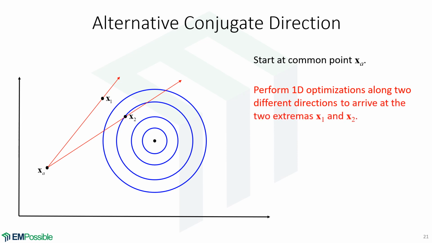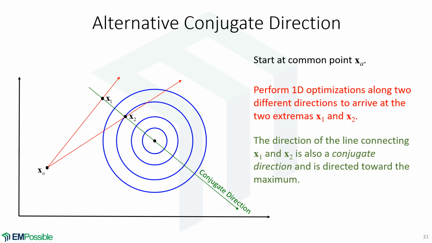We find the extrema along both those directions, and now if we draw a line through those 2 extrema, that is in the direction of the overall extrema, and that is a conjugate direction. Same conjugate direction we had on the previous slide. So we have 2 ways of constructing a conjugate direction, and this tells us what direction to move in to get to the global extrema.